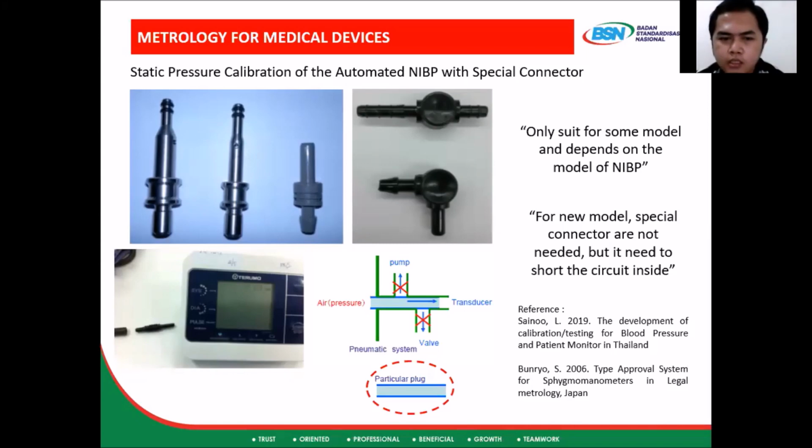So if you are a calibration laboratory calibrating a medical device from a hospital, you must say to them if you want to access the test mode by accessing the inside of the NIBP device. This should be stated in the contract according to ISO 17025. So this is difficult.